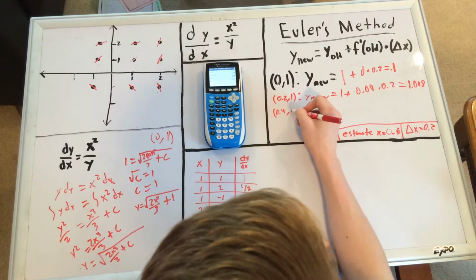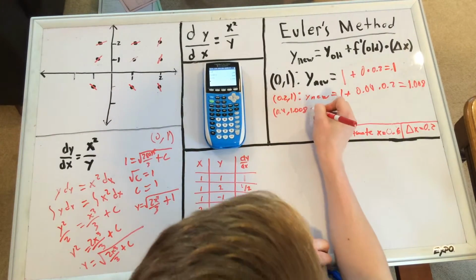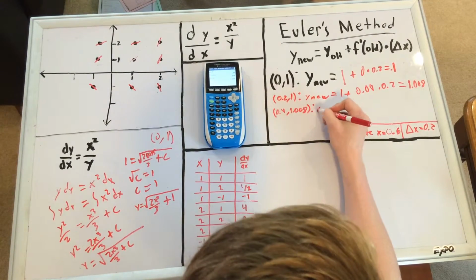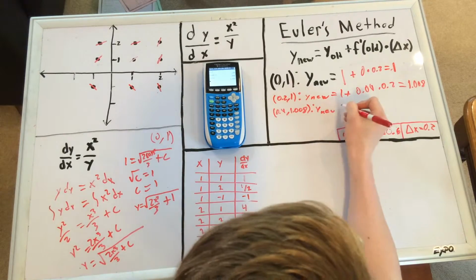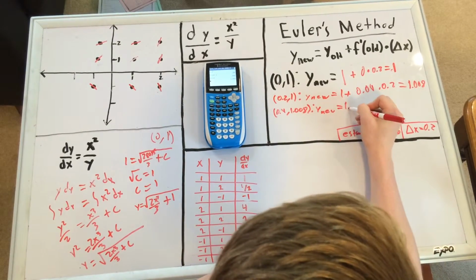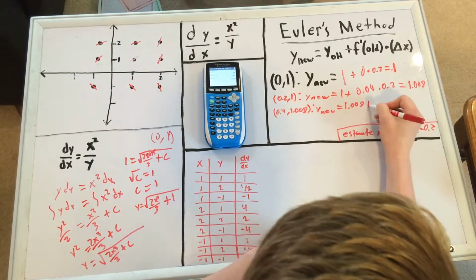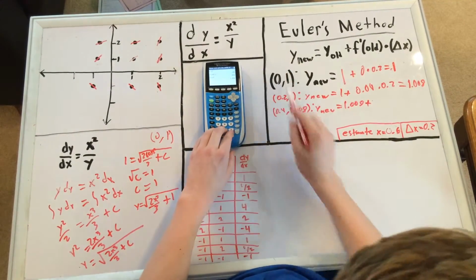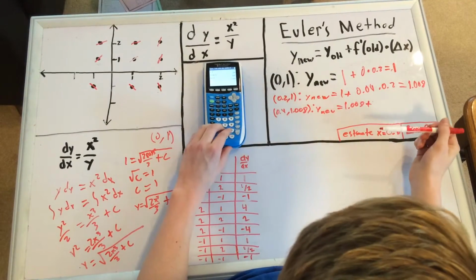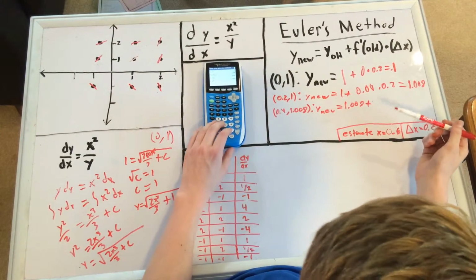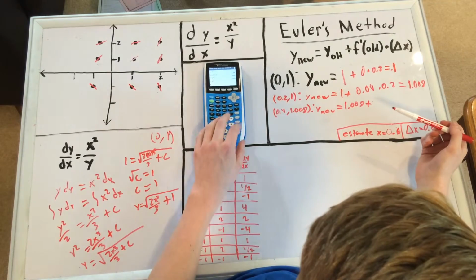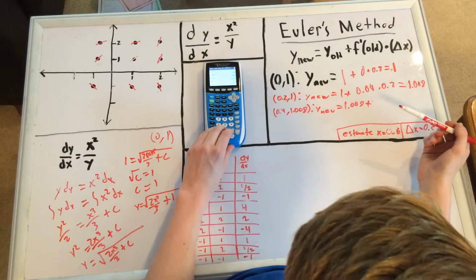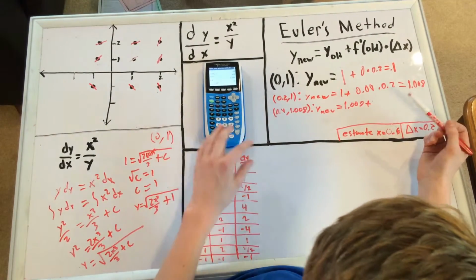So our new point now is (0.4, 1.008). So the y new value here is what we're going to find with our third step. So 1.008 plus the value of our new point in the differential equation. So we'll get 0.4 squared divided by 1.008.